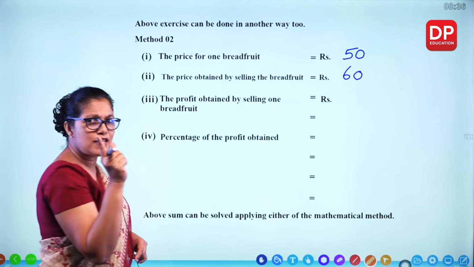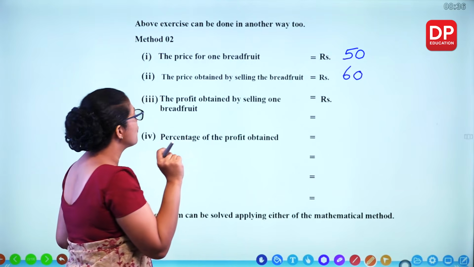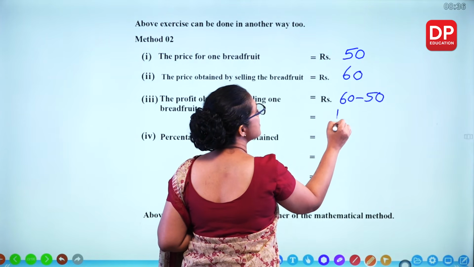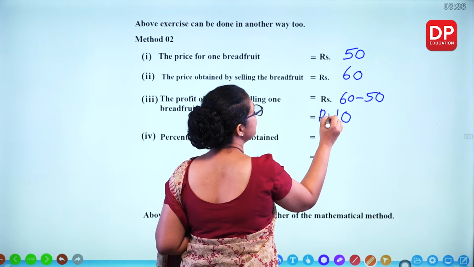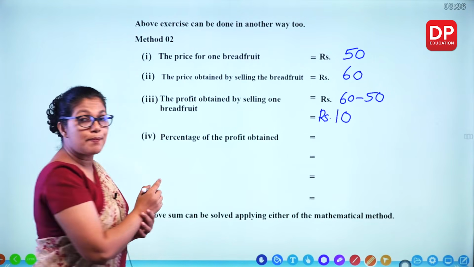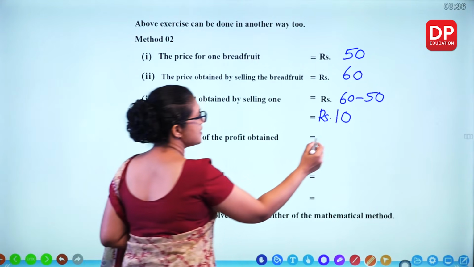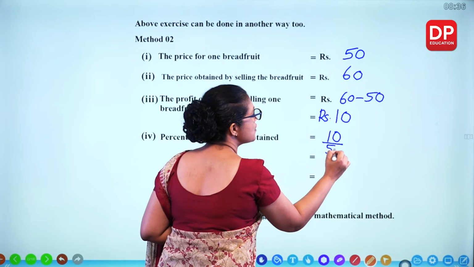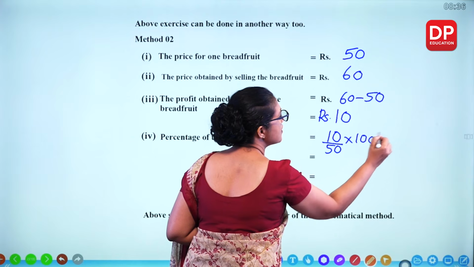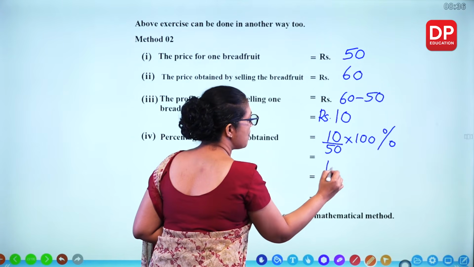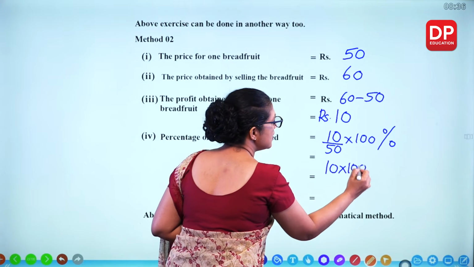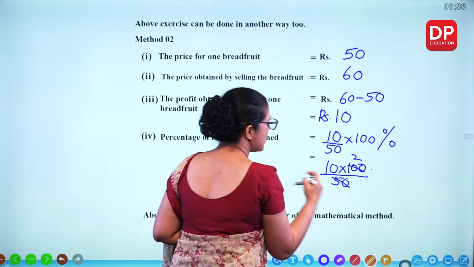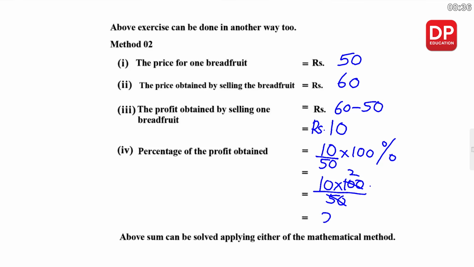So what's the profit obtained for one breadfruit? 60 minus 50. That's 10 rupees. Then what is the percentage profit? So you can take 10 for one breadfruit, that's 50 into 100. So you can multiply the numerator and divide by the denominator. You get 20% is the percentage value.